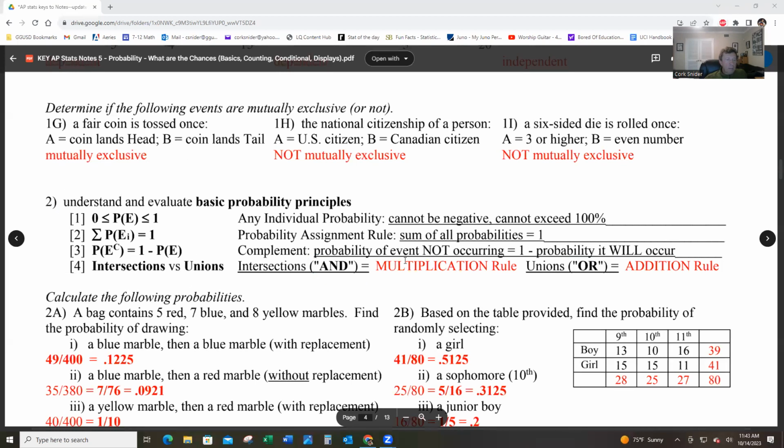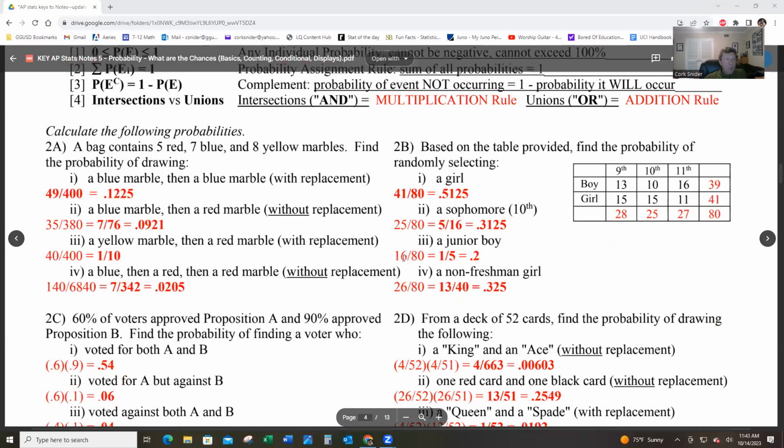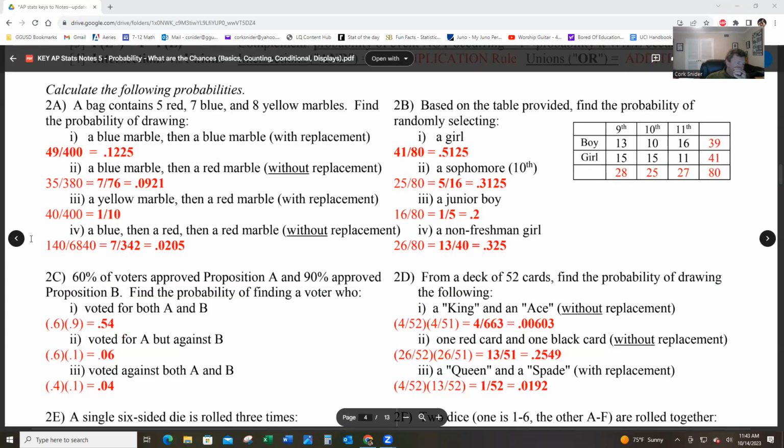Okay, so let's go down to the next part. This is your classic bag of marbles. This is the kind of stuff you may have seen way back in 7th grade or something. These are pretty easy to go through by yourself. So we got 20 marbles in a bag. Find the probability of a blue marble, then a blue marble with replacement.